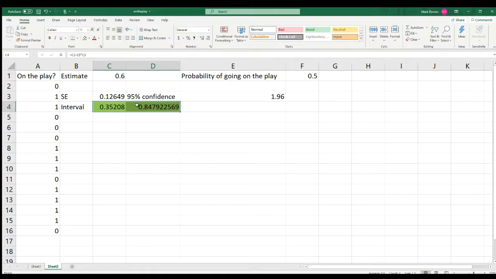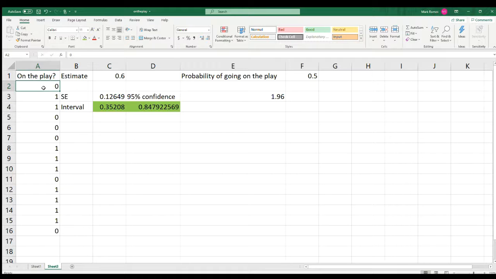So that's what we mean by confidence. That's a bit of a formal definition. If we increase our sample size, we will be able to get a much tighter, narrower confidence interval, and that will be more useful to us.